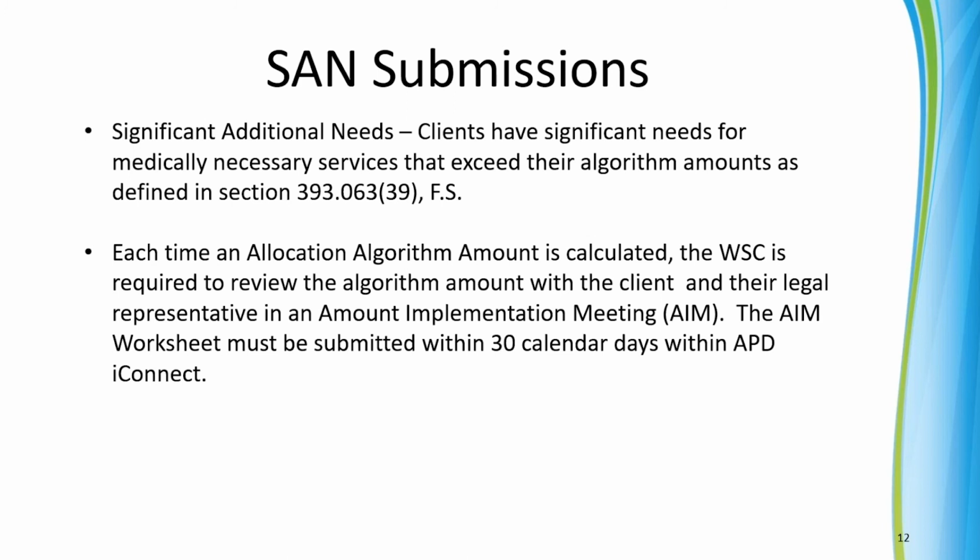But anytime there's an algorithm change, you must submit the AIM with the SAN. And just having that document will stop a lot of those REIs and delays in the SAN being completed.